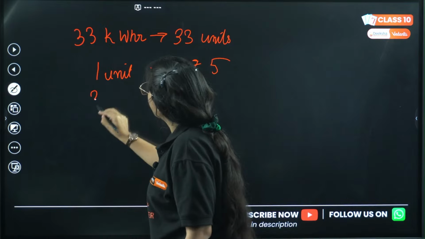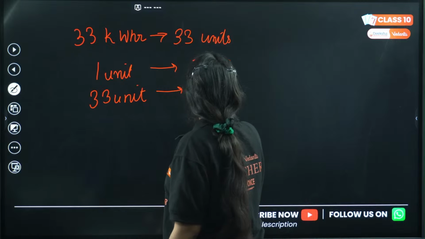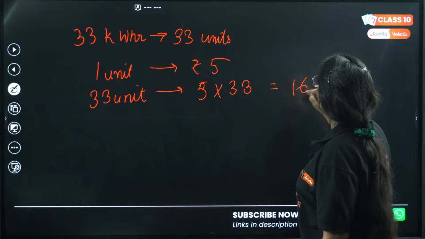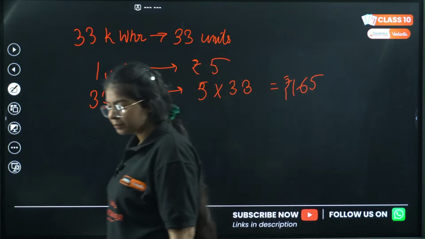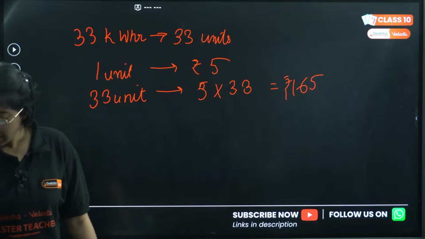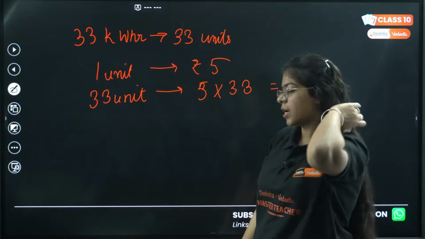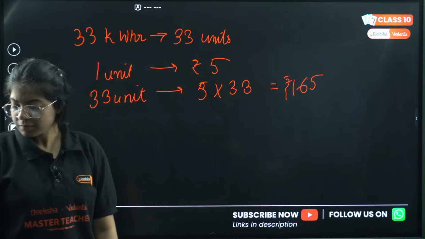And for 33 units, the rate will be what? 5 into 33, correct, which will be 165 rupees. Correct? Can we move to the next question? Amit is correct. All the answers of Amit are correct. Can we move to the next question?